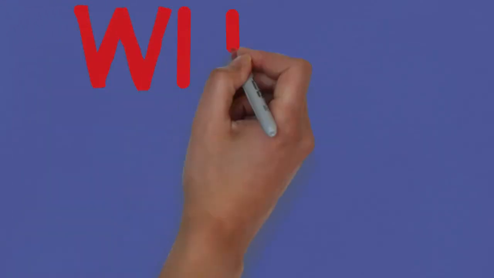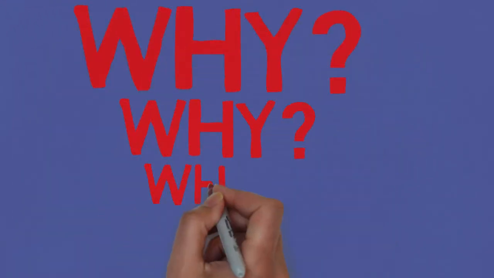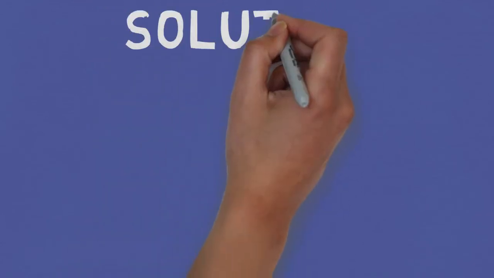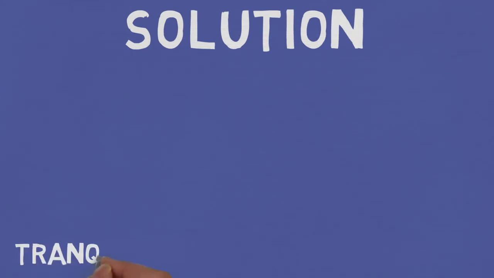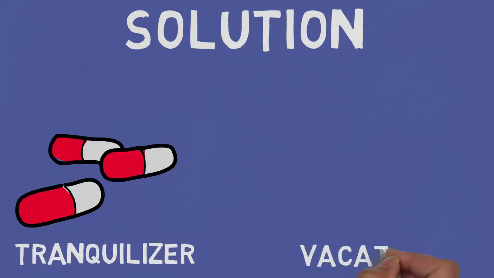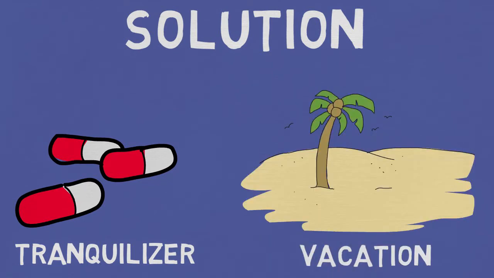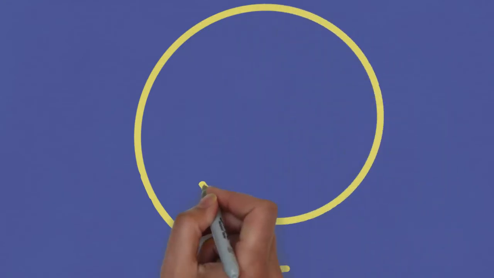See that there is no absolute rule about how many whys should be asked until you find the root cause. You could stop here and prescribe a tranquilizer or a vacation to this patient. However, deepening further and further may be fundamental to finding the origin and the appropriate remedy.